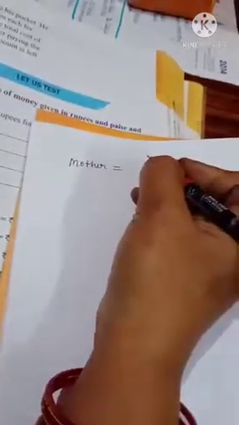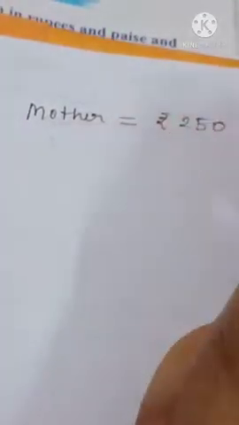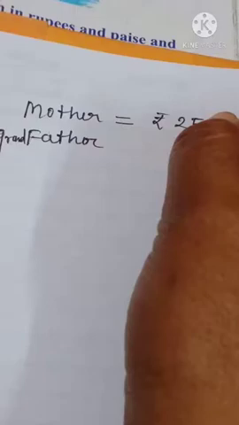See, from mother, how much amount did she get? Mother has given her rupees 250. Okay, and father, grandfather, not father, first grandfather has given grandmother. Again I am doing, just see.